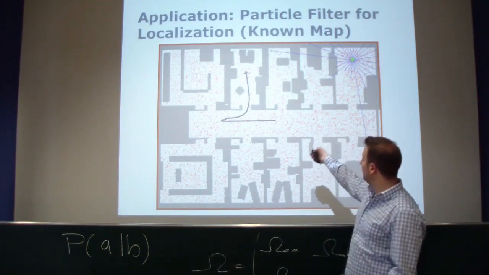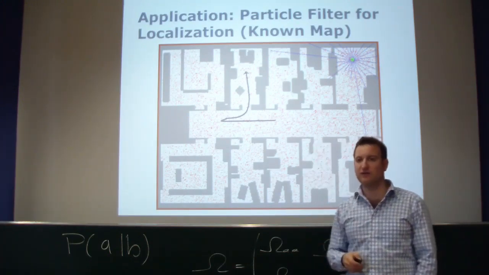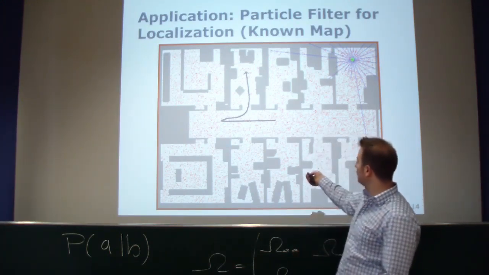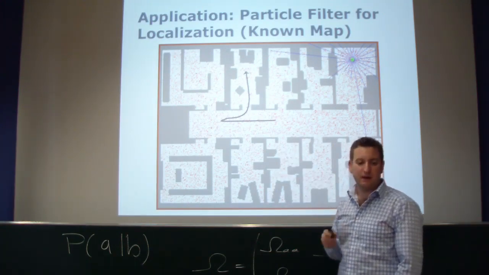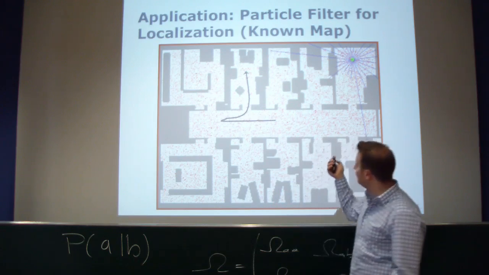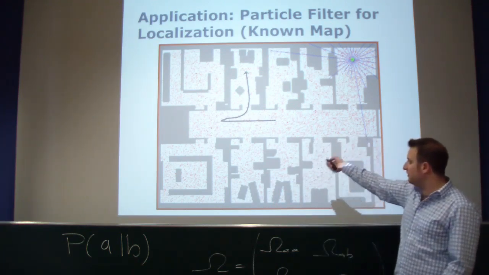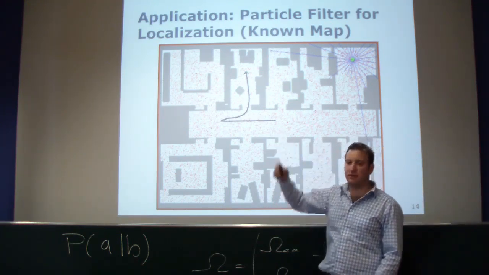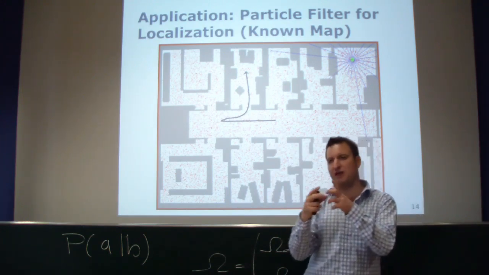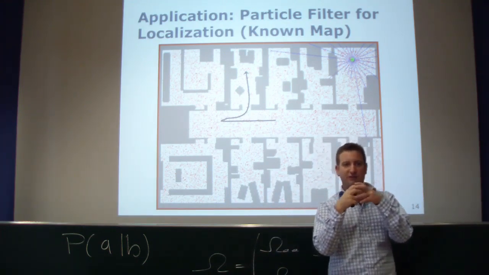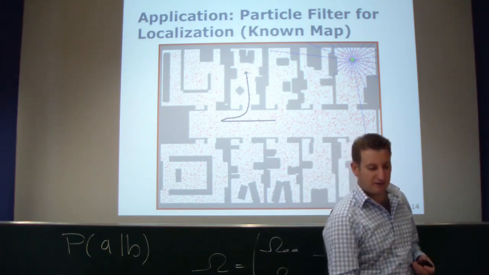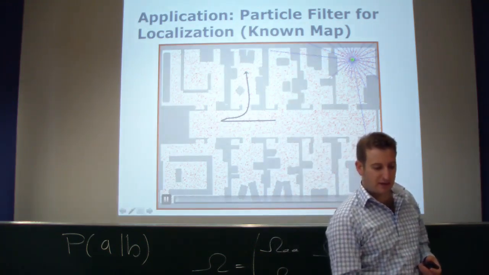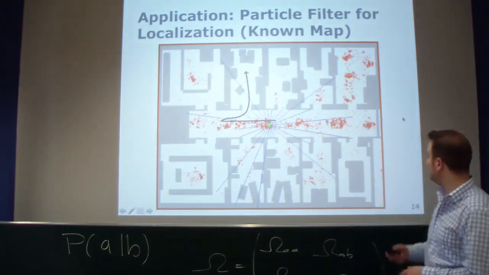Every one of these red points shows a possible position of the robot. The robot is in reality here, and it takes approximately this movement. What you see in this video very soon is that the particles, which are spread all over the place, accumulate in certain areas because they are consistent with the observations and the robot's movements. At some point the others die out, and you see how the filter evolves.